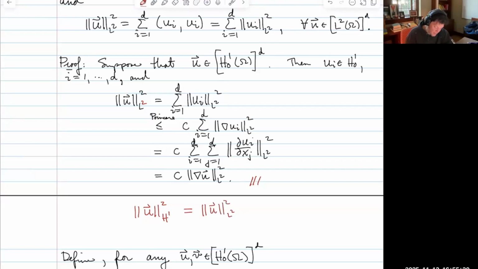The L2 part and precisely this part. But now the Poincare inequality says that this is less than an object which looks like this. So that says that this is less than 1 plus that C, running out of room.